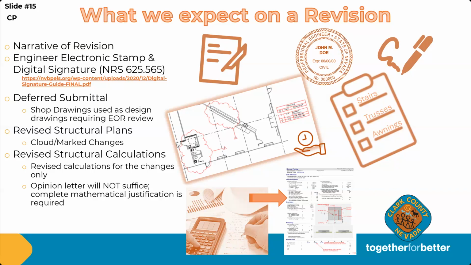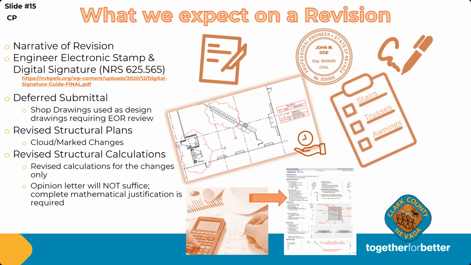One of the main reasons we always disapprove documents is because they don't have the electronic signature and the digital signature and the electronic stamp per the Nevada Board of Engineers. The Nevada Board of Engineers issued in 2020, I believe, a guide on how engineers should be stamping and signing electronically all their designs.